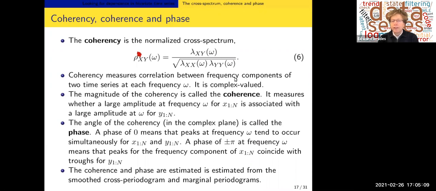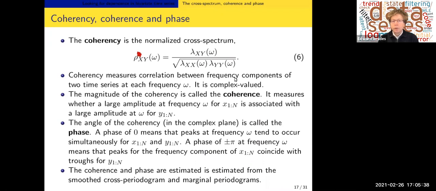So if the phase is 0, that means that peaks at frequency omega occur simultaneously. So the two processes xn and yn are in phase at that frequency. A phase of plus or minus pi is entirely out of phase, so when x has a peak, y has a trough.